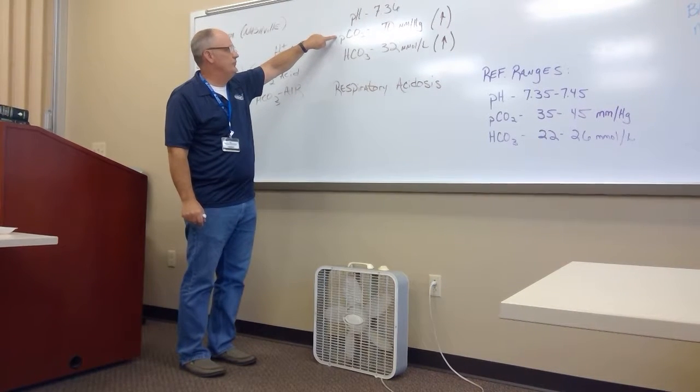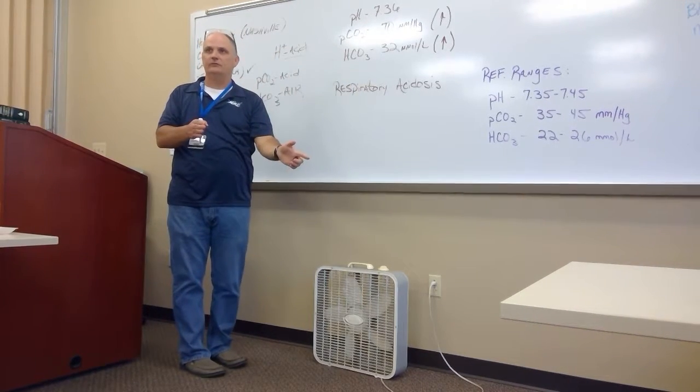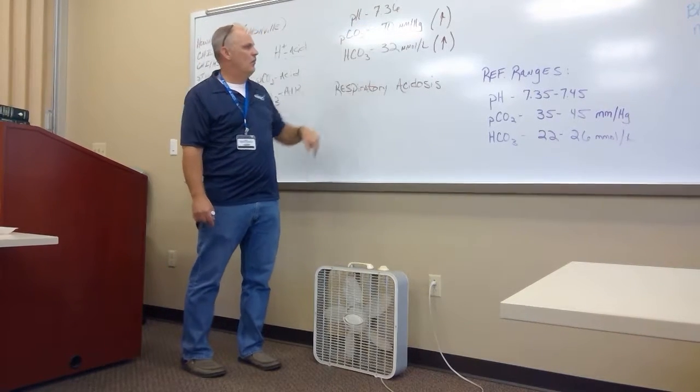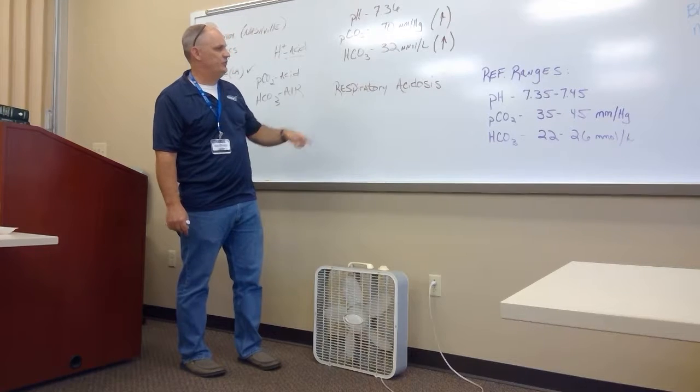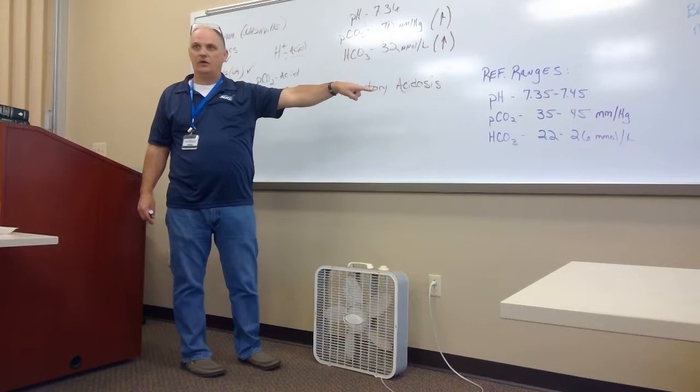If our PCO2 is increased, you agree that makes the blood acidic, okay? Even though we're in the normal range, it's toward acidic. Now, when I look at the PCO2, that's almost double what the normal range is supposed to be. It's way up there, right?